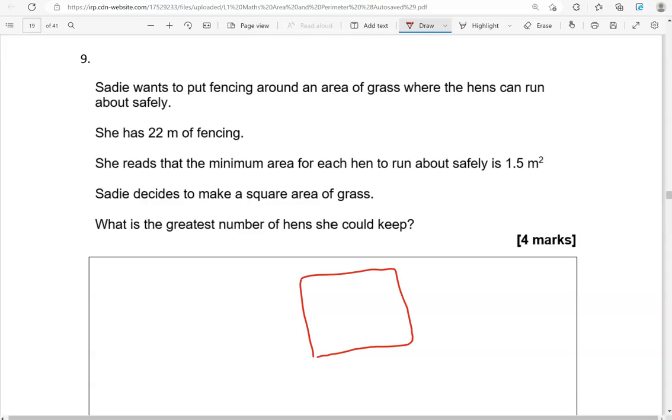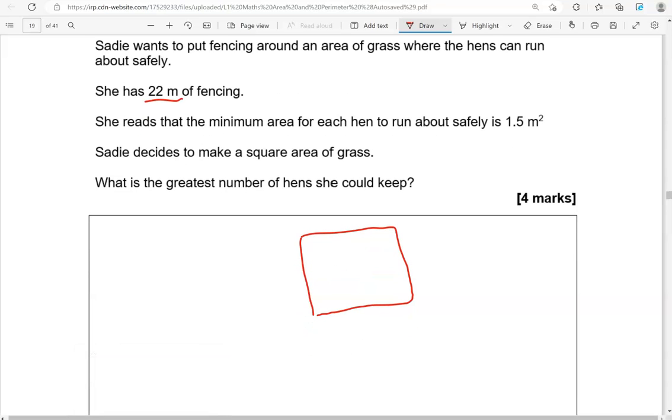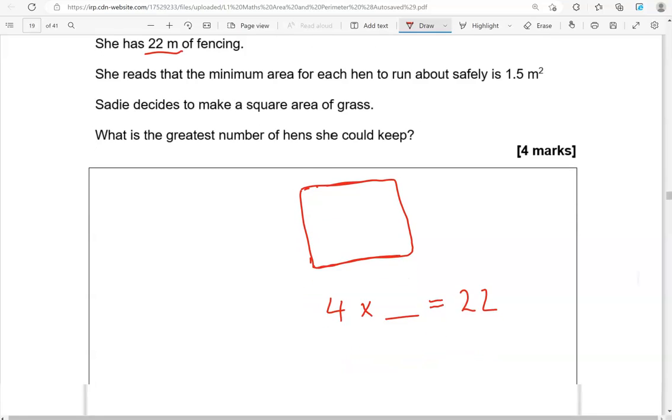So the area of grass will be square-shaped, and we know that she has 22 meters of fencing. So whatever that side length, 4 times that side length will equal 22, because the fencing will go around these 4 equal lengths.